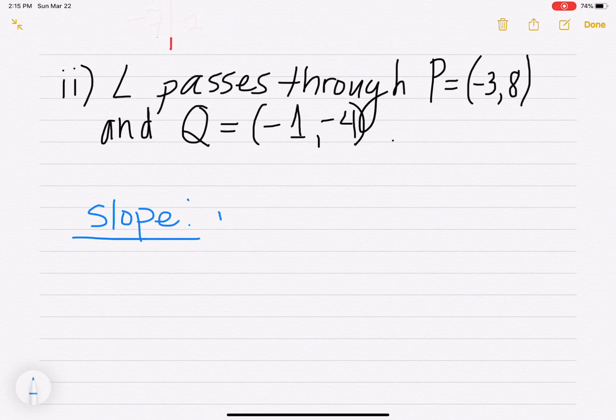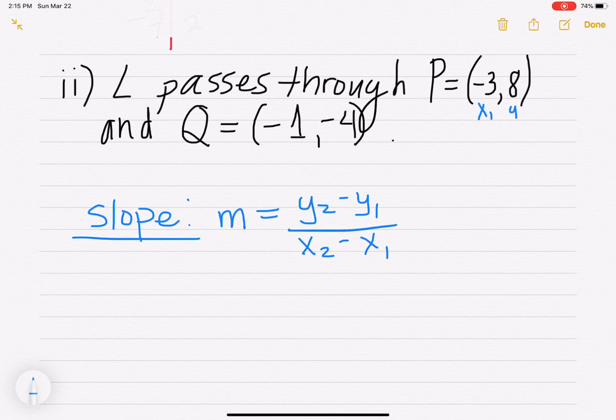The formula for slope is m equals y2 minus y1 divided by x2 minus x1. My points here are x1, y1, that's my p, and x2, y2, that's my q. I'm going to plug in appropriately. Let's make a template: m equals blank minus blank over blank minus blank.